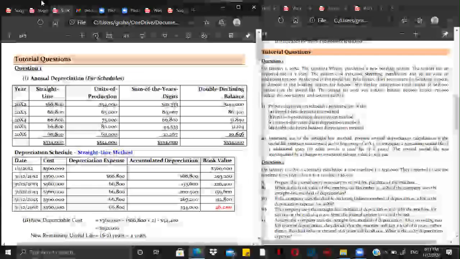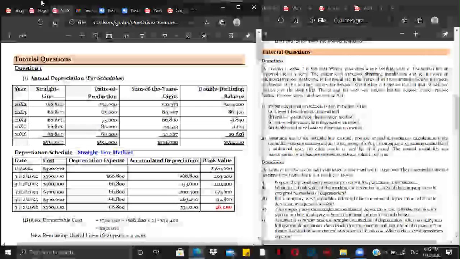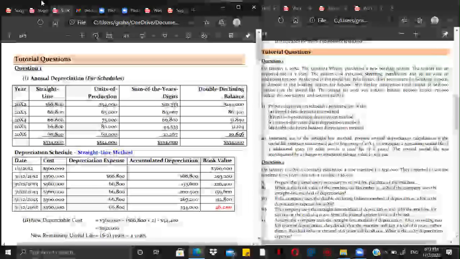To get the annual depreciation for the year, you multiply the number of bottles produced for the year times the depreciation expense per unit, which is the 50 cents per bottle. Moving on to the second part of the question, the annual depreciation: the number of bottles produced for year 20x2 is 108,000.